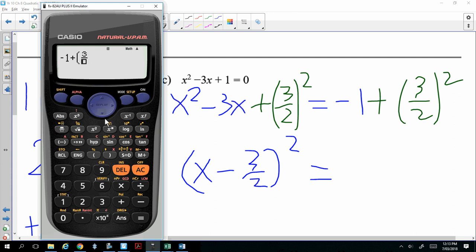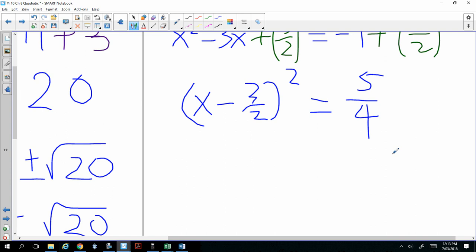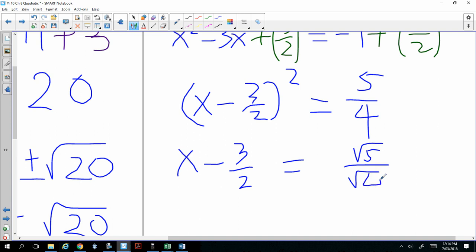What do you get? 5 over 4. Remember, no decimal. We want it as a fraction, because I want to be able to square root it. When you square root a fraction, split it into the square root of the numerator over the square root of the denominator. So we can simplify it, putting a plus or minus in front. What's the square root of 4? 2. So we get plus or minus root 5 over 2.